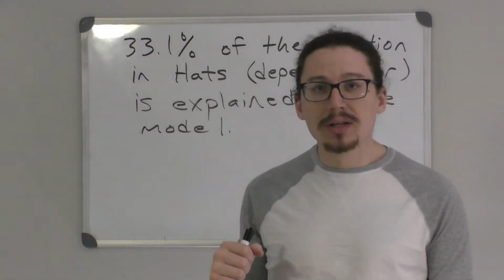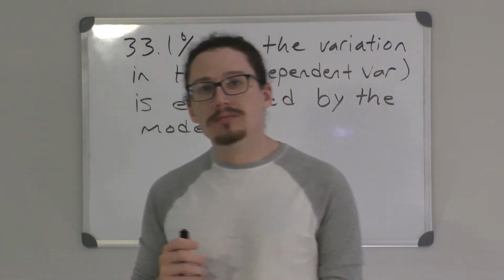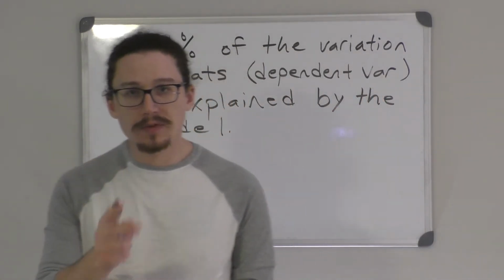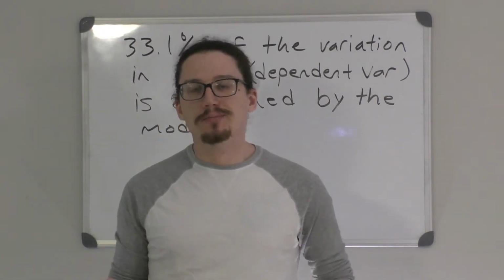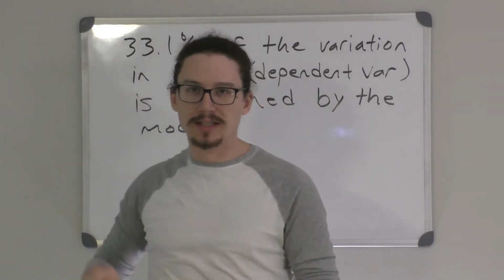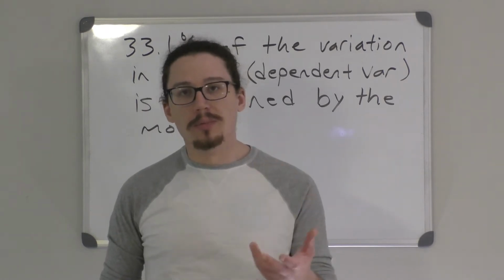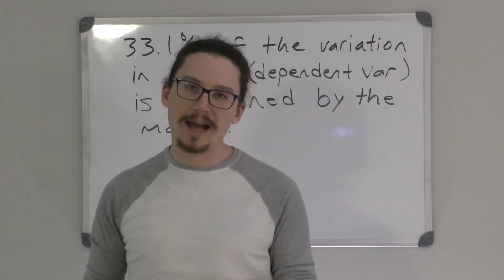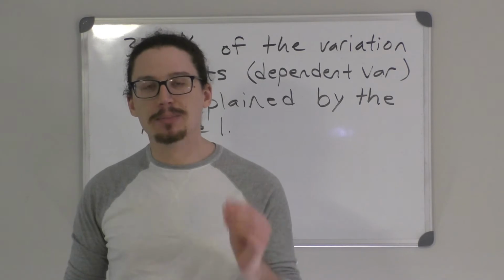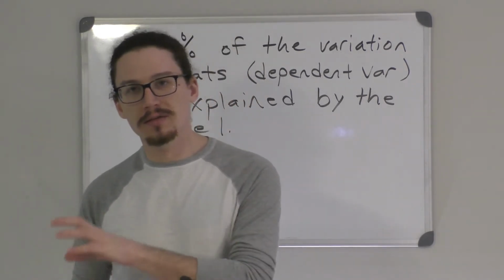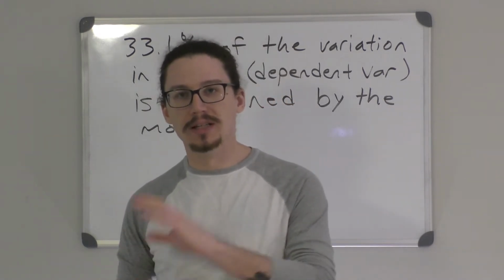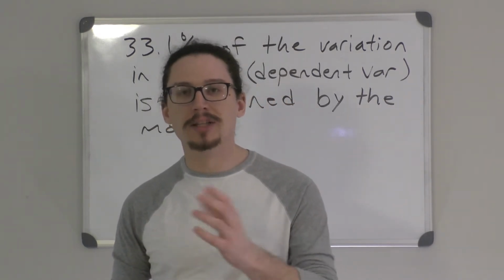Now, when we're doing this with simple linear regression, where we've just got one independent variable, we could also state, using this as an example, that 33.1% of the variation in hats is explained by age. You could say that the independent variable is explaining that.